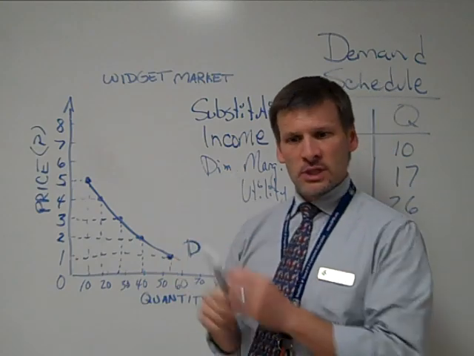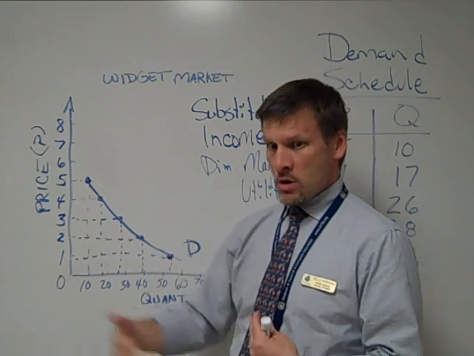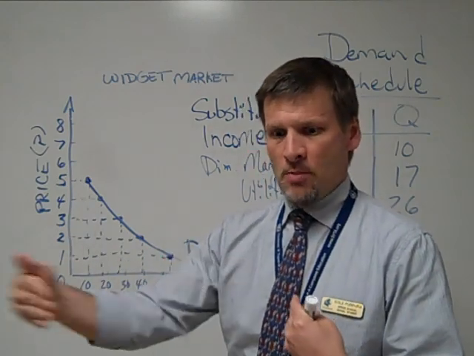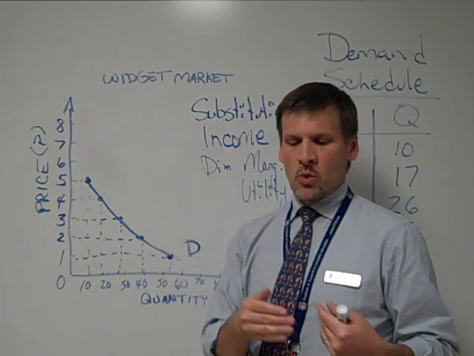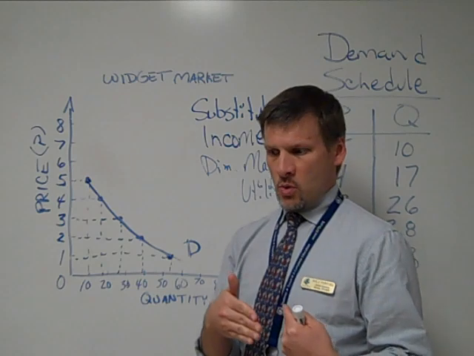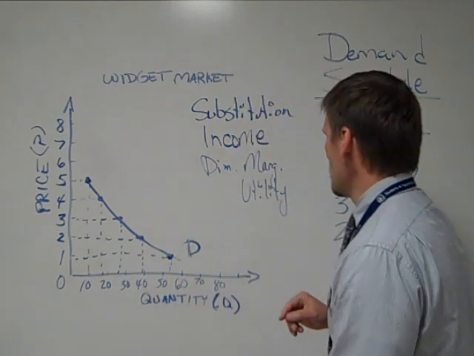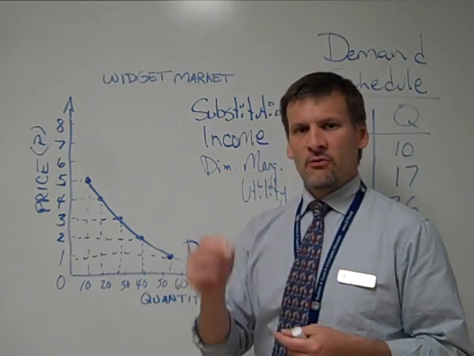The last reason is a law: diminishing marginal utility. Diminishing, decreasing. Marginal, one more unit of something. Economists are obsessed with the margin, looking at what happens to, in this case, demand when we want to purchase one more unit of widgets. Utility is the satisfaction that I derive from consuming.